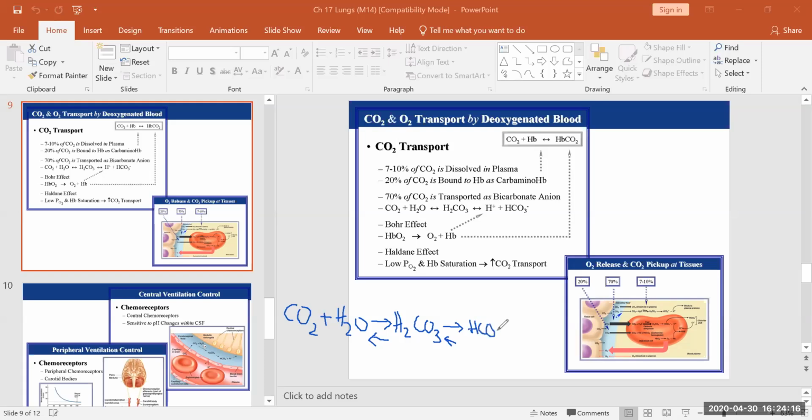CO3 minus, bicarbonate, plus the proton. Okay, and this is basic chemistry, and this is how it works. So let's say if CO2 increases, it will drive the equilibrium this way.